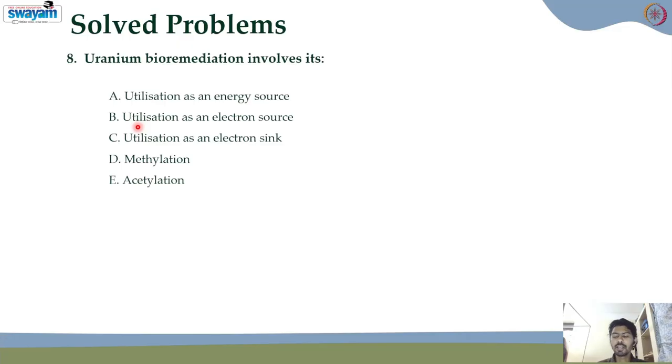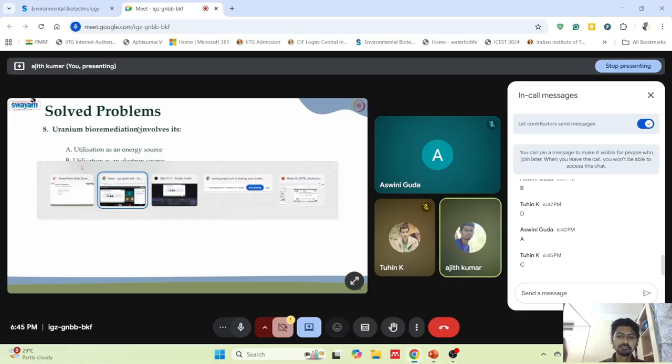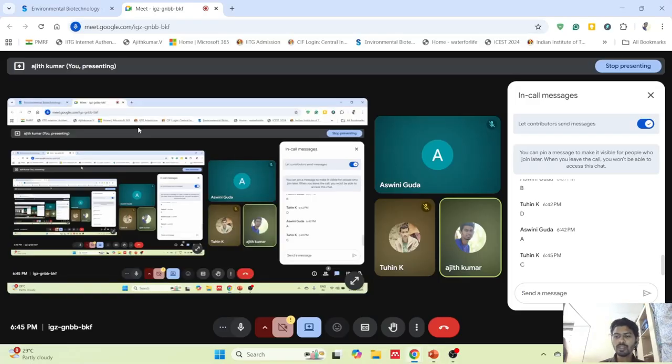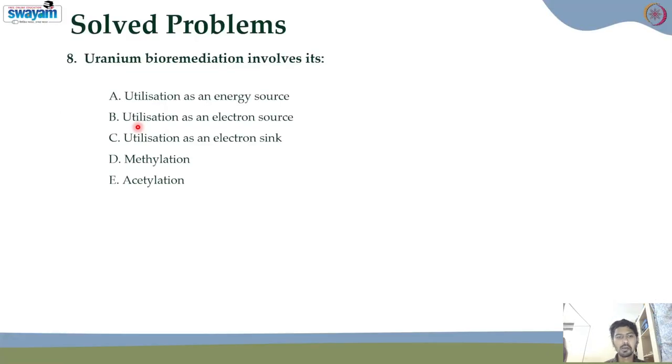So uranium bioremediation involves option C, okay, utilization as an electron sink.